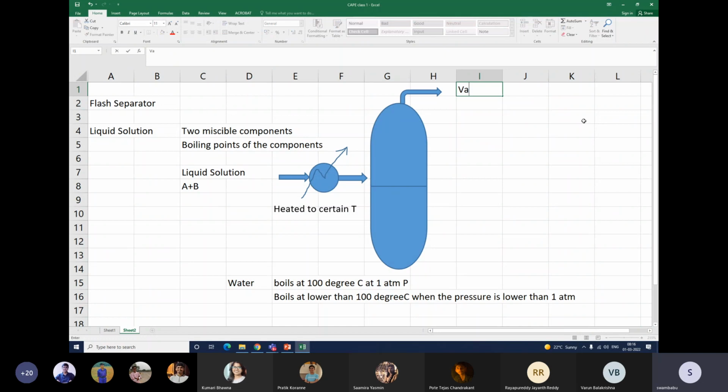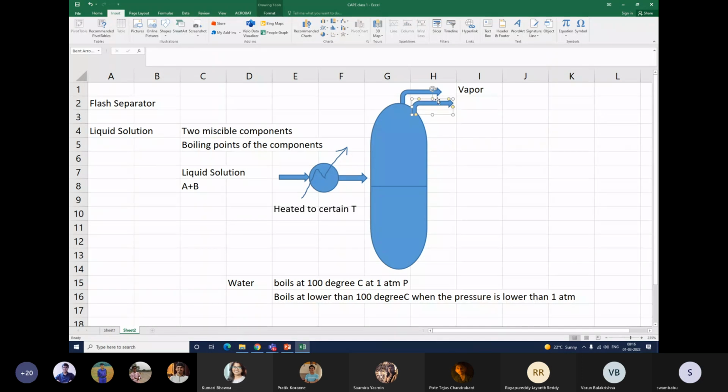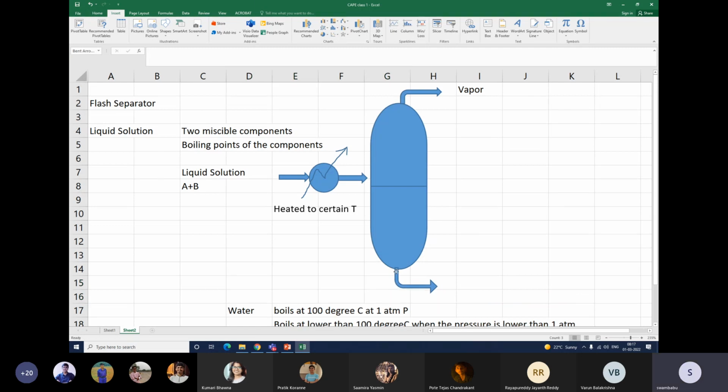So we get vapor from the top, and we also get another component from the bottom. That is liquid.